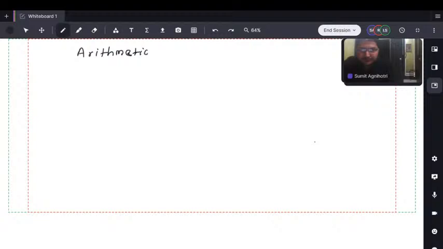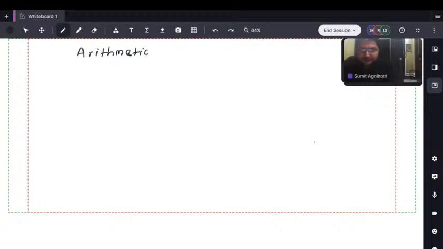Now the question arises, what is a sequence? Actually, a sequence is a rule that binds numbers together, or that relates numbers with a common form.